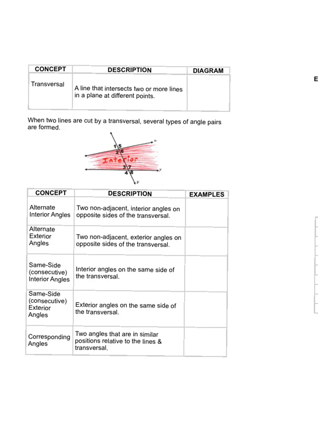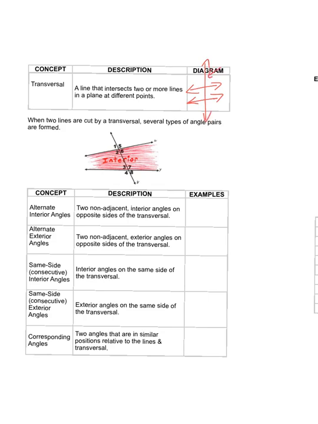Okay, so the next thing we'll talk about is transversal. A transversal is a line that intersects two or more lines in a plane at different points. If you have two lines, it doesn't matter how those lines look. A transversal is going to be a line that cuts through those two lines.